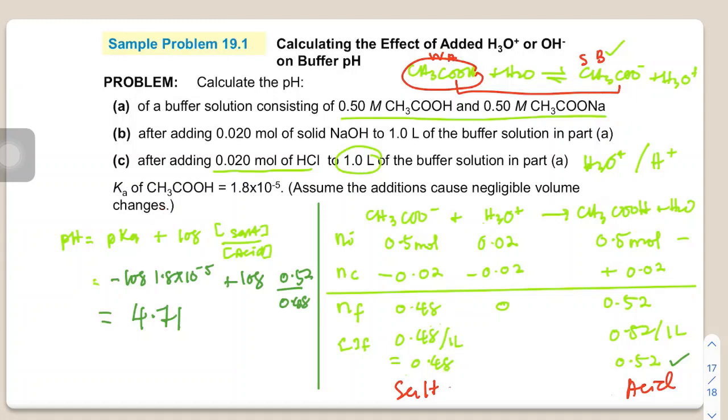In other questions, sometimes the base and acid that are being added to the buffer system are in a solution form, so that we have to calculate the final concentration by considering the new volume after the volume of the buffer system is added with the volume of the sodium hydroxide and HCl that is added.